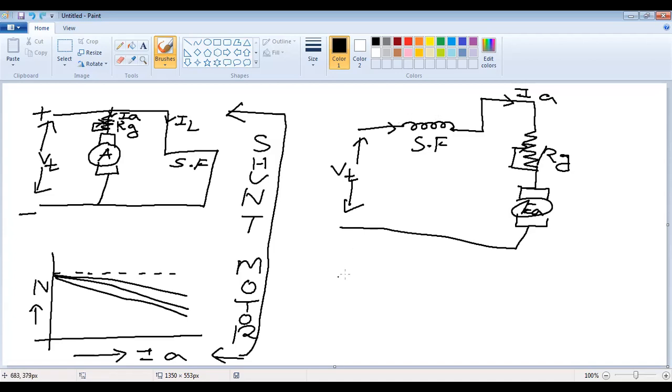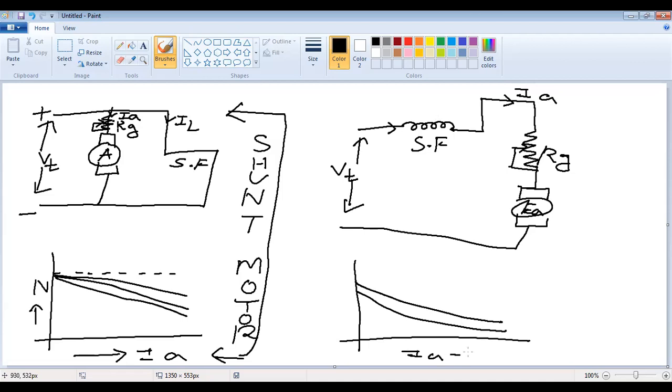Now, what is the graph of armature current versus speed? I will draw the graph. The graph is like that: armature current on the x-axis and speed on the y-axis.